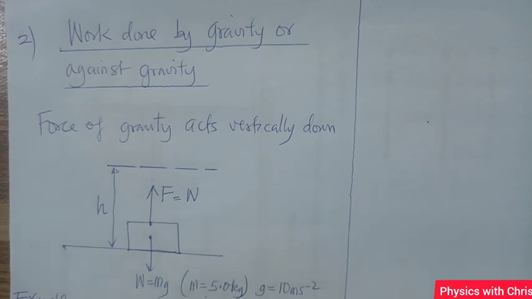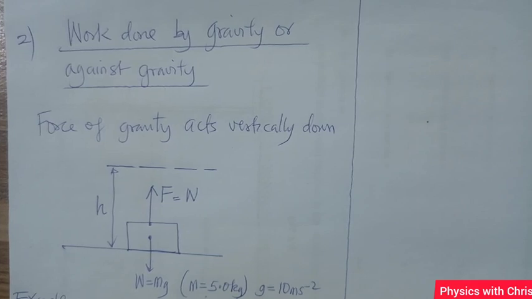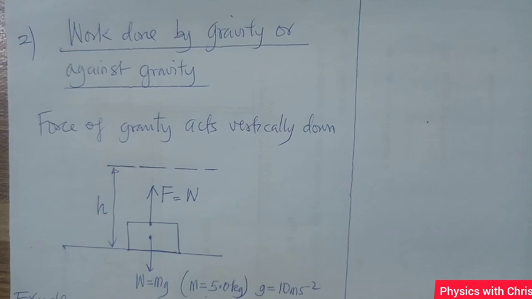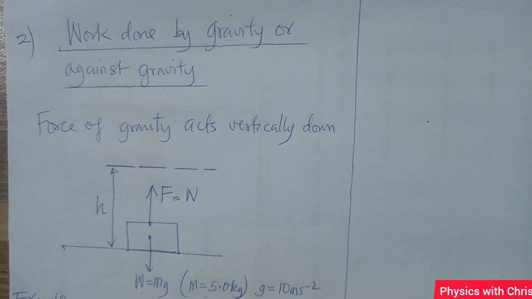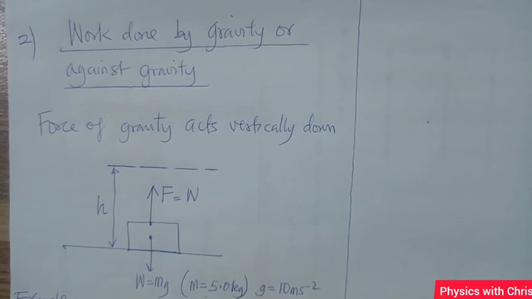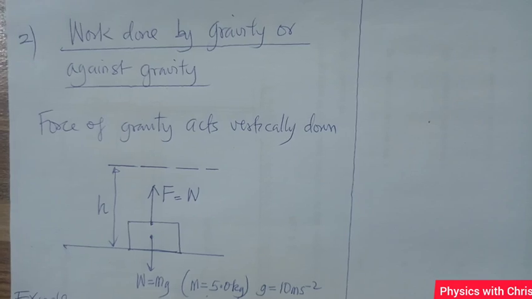Recall that the weight of a body is defined as the gravitational force that is acting on that body. So the gravitational pull on a body is equal to the weight of the body, and it acts vertically downward. So if you must do work against gravity, the object must be moved in a direction that is opposite the direction of gravity, which is downward.